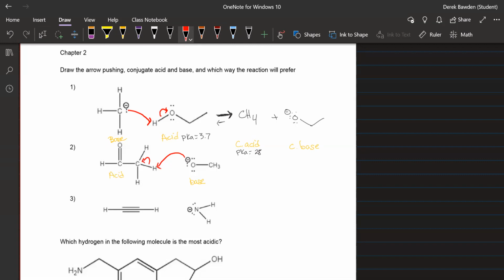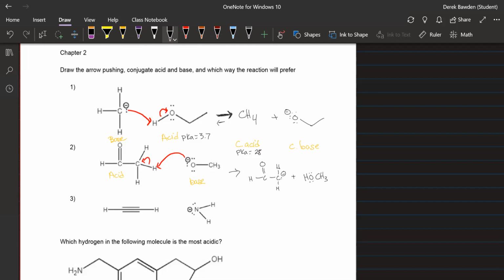Those electrons will go onto that carbon, giving us this product. We're going to have this as well. And feel free to draw the lone pairs on here if you want to. They're not required, but you can.